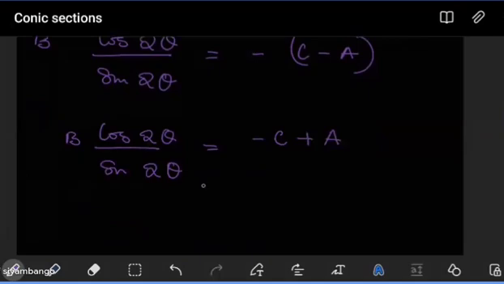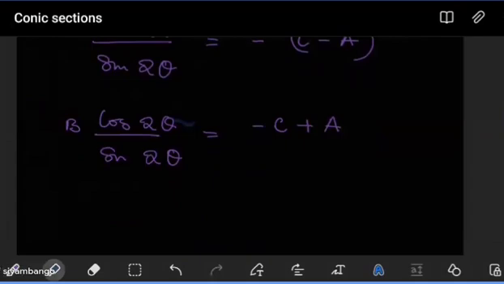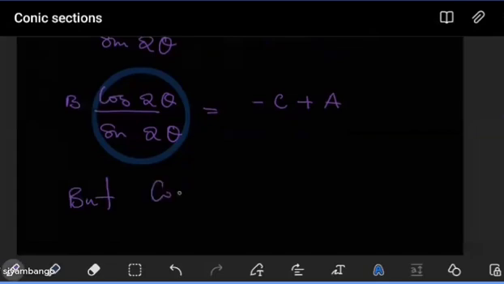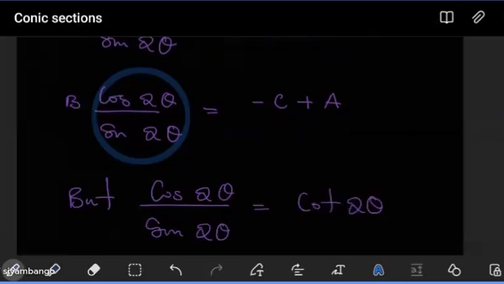So upon reaching this part, we have actually found the answer. Firstly, what is cos over sine? Is it cot? Yes, cot. Cos 2 theta over sine 2 theta is equal to cot 2 theta.